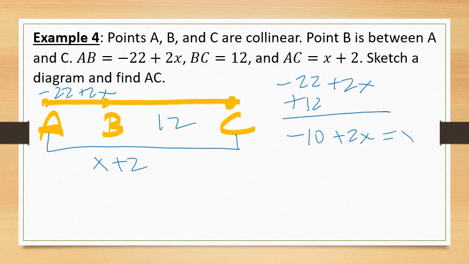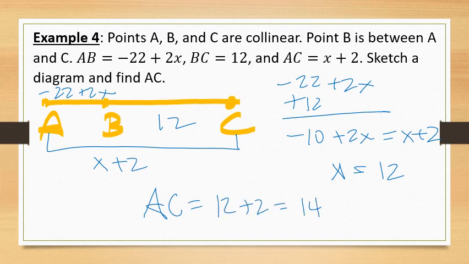And that equals the length of the entire segment, which is x plus 2. If I do a little math, and your math may look different than mine, I get that x is 12. And if I want the length of the entire segment AC, that's going to be 12 plus 2, which is 14.